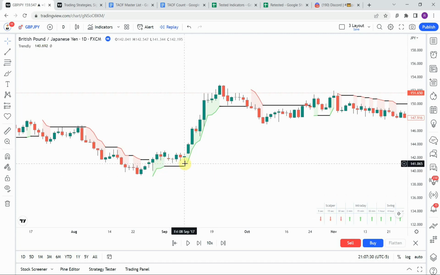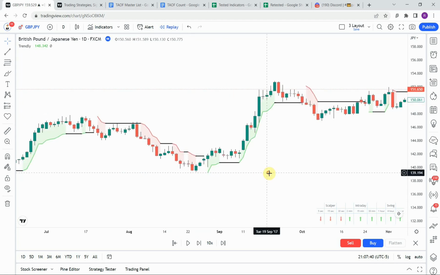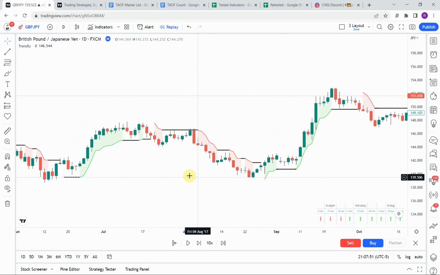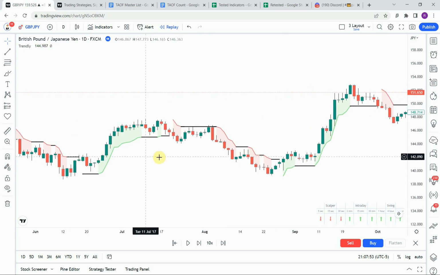Then you can see once price starts to form a trend again, it will switch back to either the original color or to the other color, and it will jump to either above or below price.